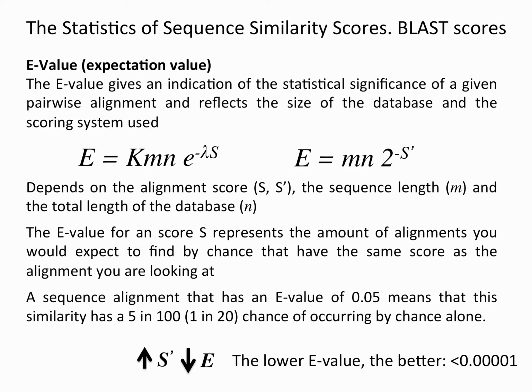E-values are calculated from the following three factors: the bit score, or the normalized score, the length of the query, and the length of the database.